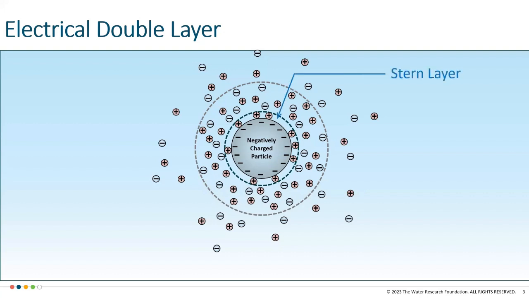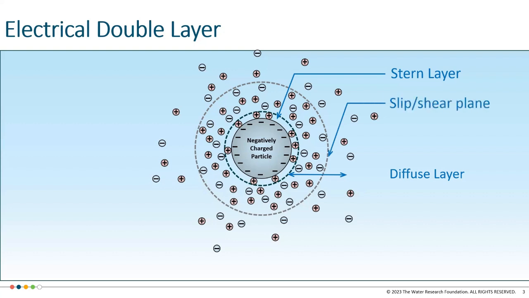So this compact layer of immobile ions that moves with the particle and is strongly adsorbed to the particle surface is called the Stern layer. The region beyond it is called the diffuse layer, and it should be noted that this region of the diffuse layer extends beyond that dotted line that we talked about, which is the region of particles that moves with the particle as it moves through the system.